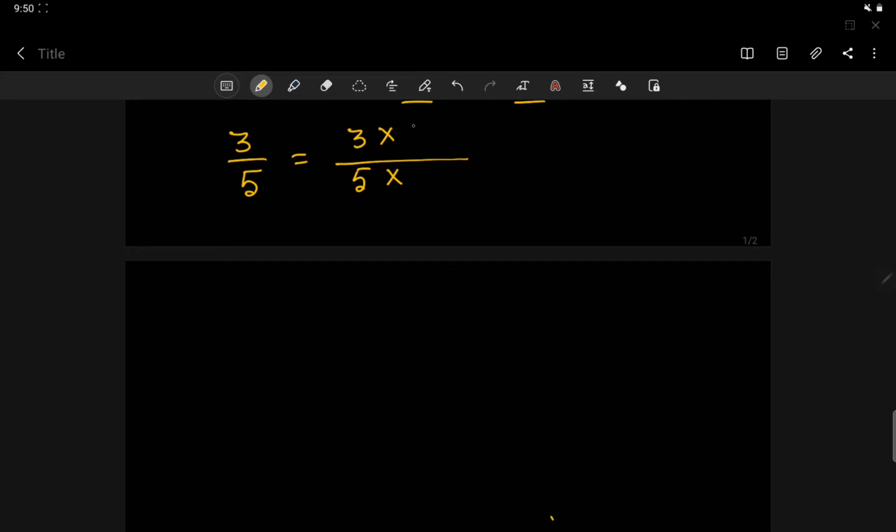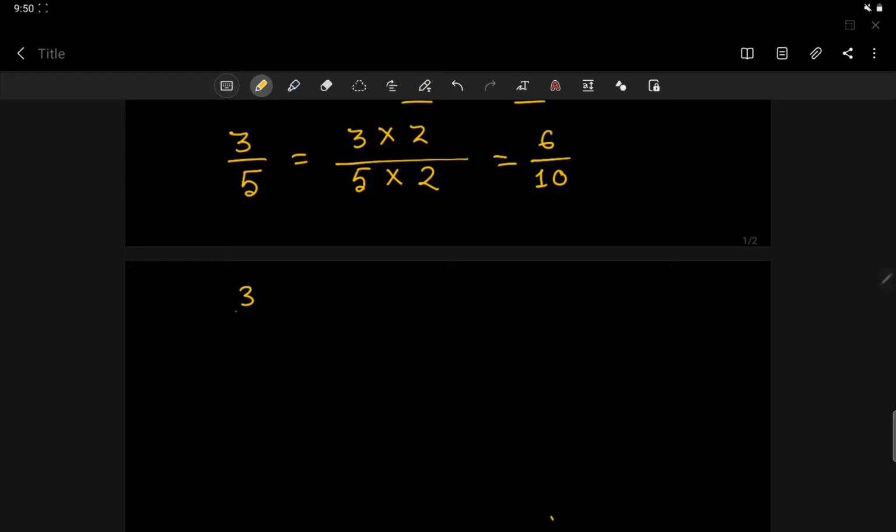Suppose I multiply by the number 2, then 3 2s are 6 and 5 2s are 10. So 6/10 is the same as 3/5. Value is the same as 3/5, but they look different. So they are equivalent fractions.